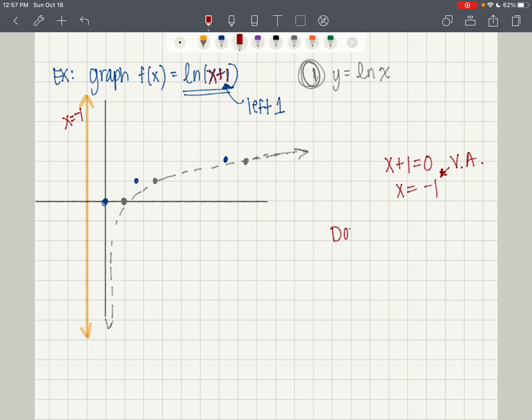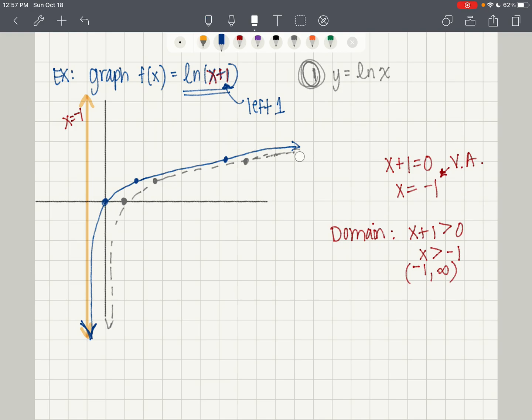For our domain, we take the argument and set it greater than 0. x is greater than -1. So our domain is going to be -1 to infinity. And our graph is the blue line that looks just like that.